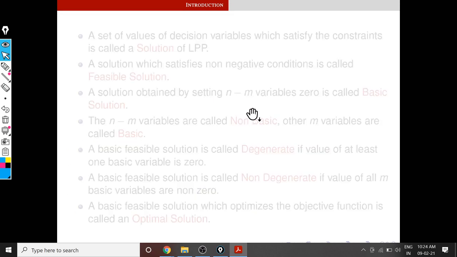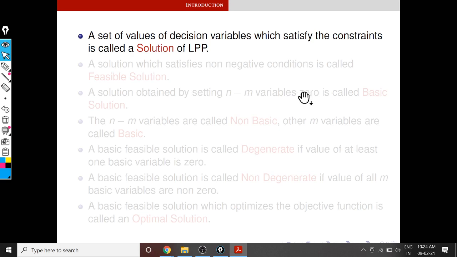Okay, next we are going to define some technical terms related to LPP. The first one, solution of LPP. A set of values of decision variables which satisfies the constraints is called a solution of LPP.